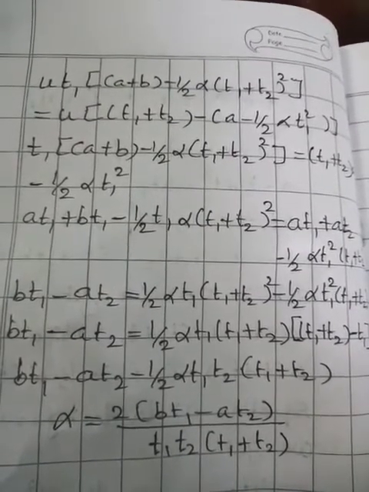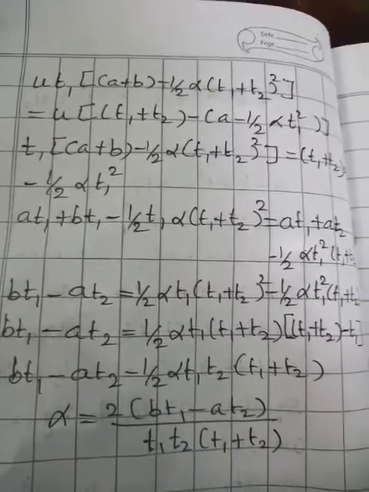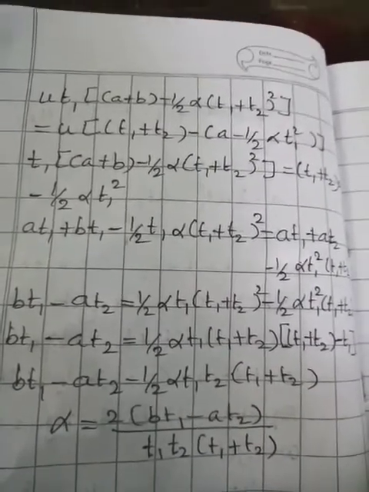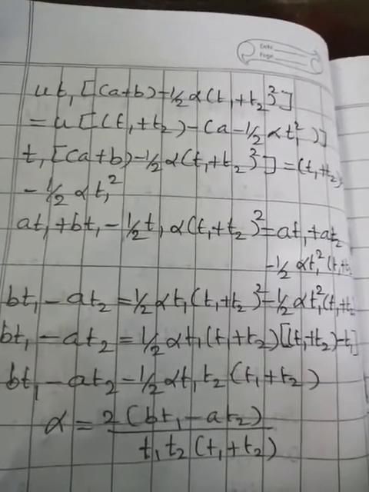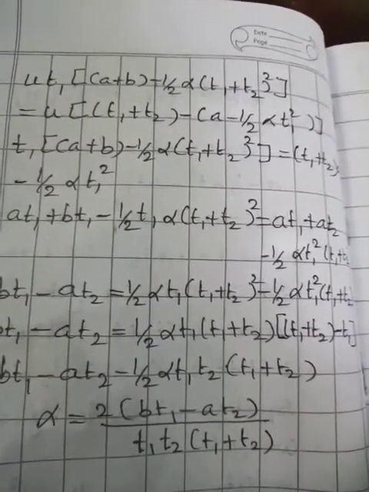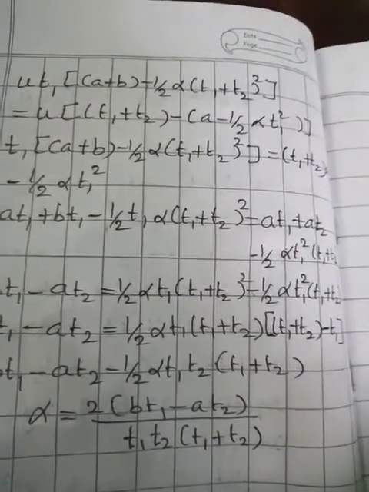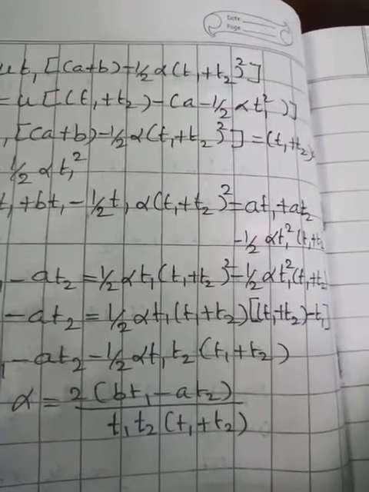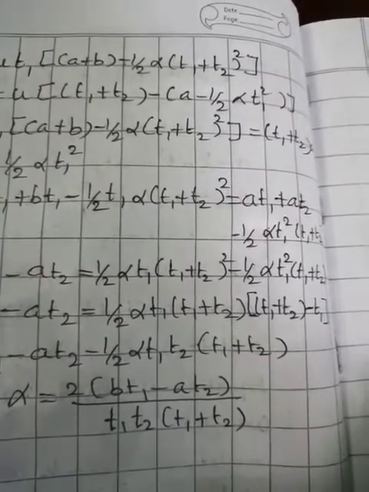Once again we repeat the equations. b t1 minus a t2 equal to 1 by 2 alpha into t1 into t1 plus t2 into t1 plus t2 minus t1.